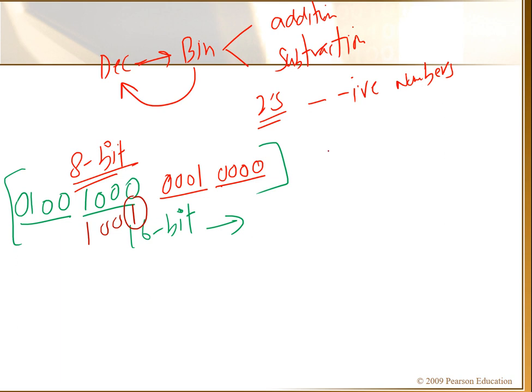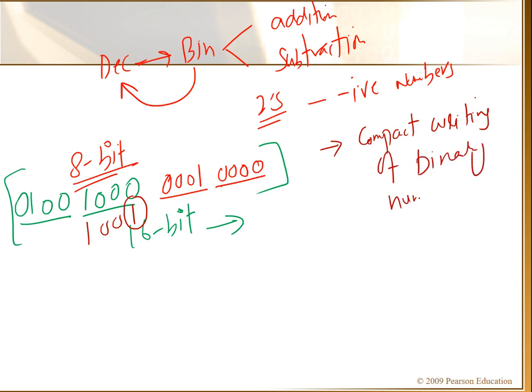So to resolve these issues, there are other ways for the compact writing of binary numbers, that is, how we can reduce the chances of errors by converting them to another number system which is in a more compact form.